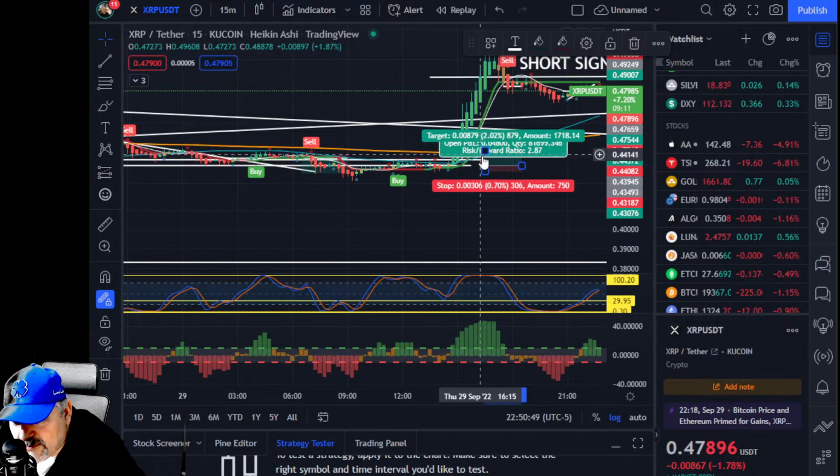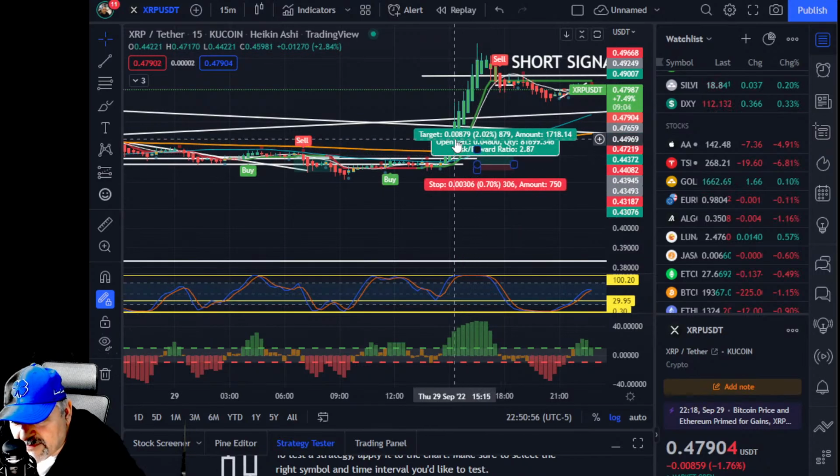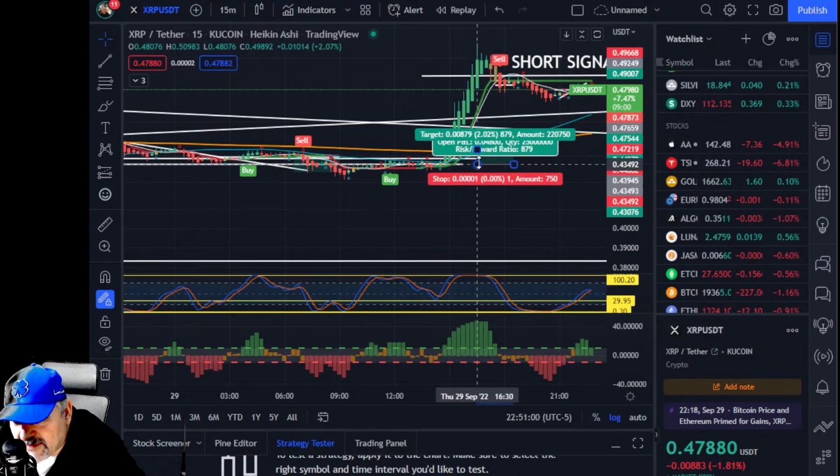Once you hit your 1% target, you're going to go ahead and sell out 25% of your initial investment, and then you're going to move your stop loss up to where you entered.